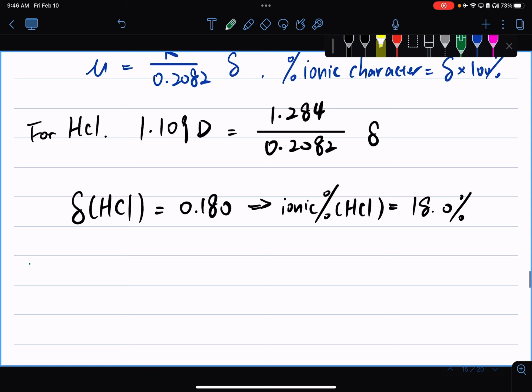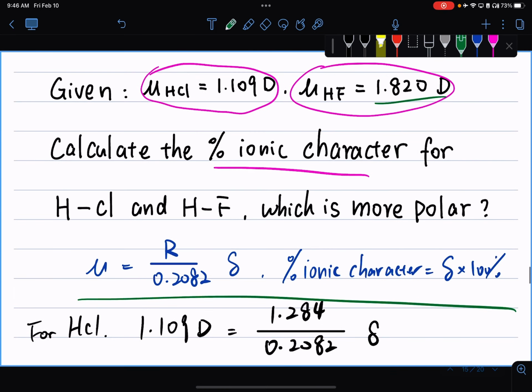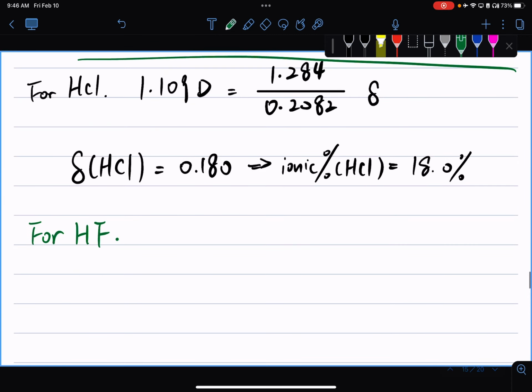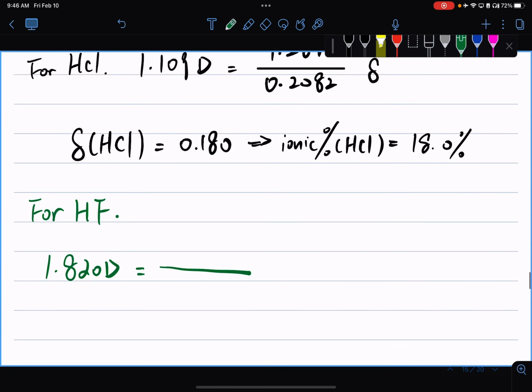Alternatively, we can do the same for HF. We're using the same equation here, just plugging in different numbers. For HF, we have the dipole moment equals 1.82, the bond length is 0.920 angstrom, divided by that 0.2082, and then the partial charge.